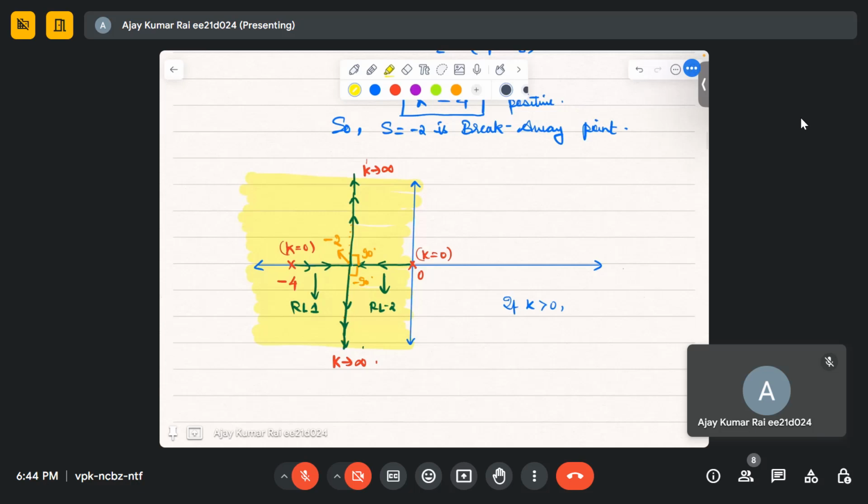If I put k equal to 0, you can say it's not stable but marginally stable. If you get a step input, then it will oscillate, yes. But I'm putting k greater than 0. If you put k greater than 0, your root locus will always lie in the left half plane. Okay, sir.